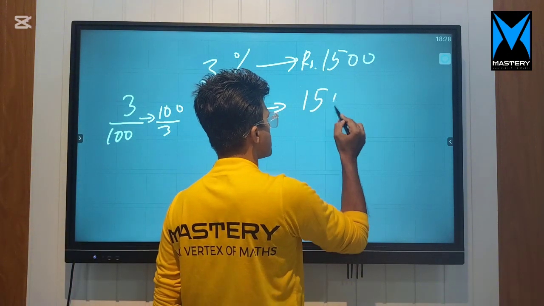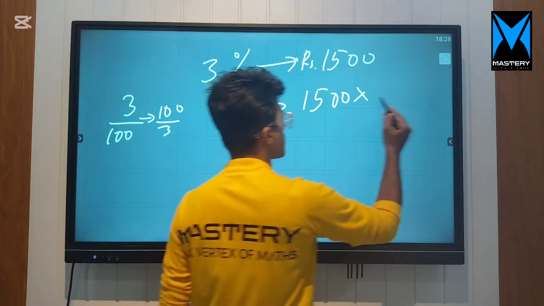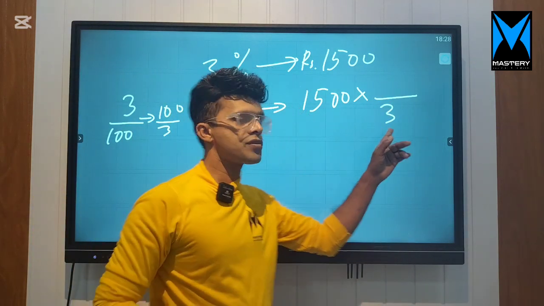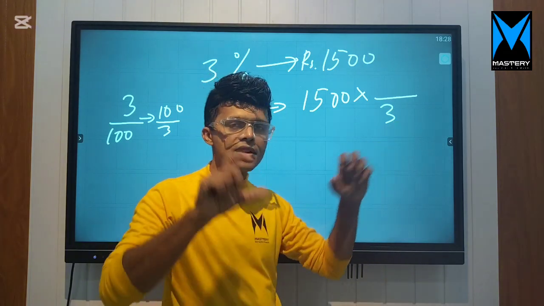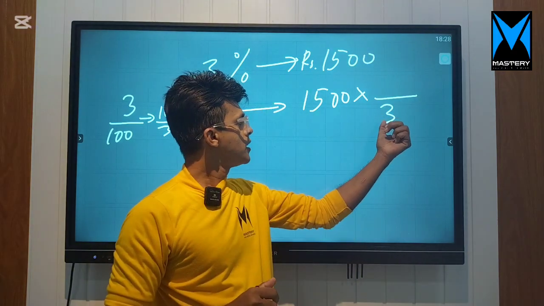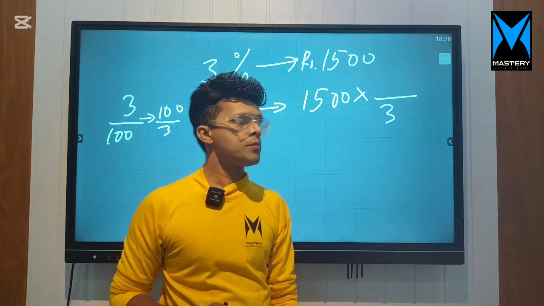So 1500 is multiplied by this reciprocal. Why do I use the reciprocal? When you divide by 3, you get 1%. That's the reason for writing it here. So 1500 over 3 gives 1%.